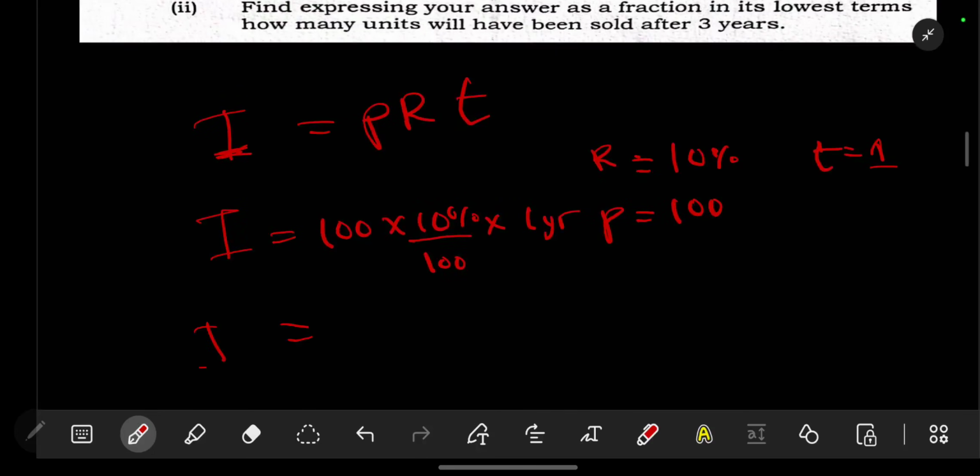So when we do our math, the percent cancels. We are going to have 1 by 10. It will be 10. So that means you have made the interest, which is 10 kwacha.